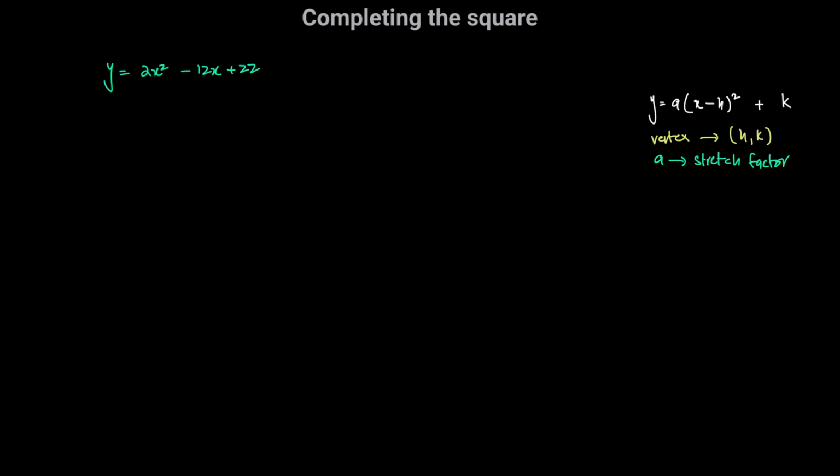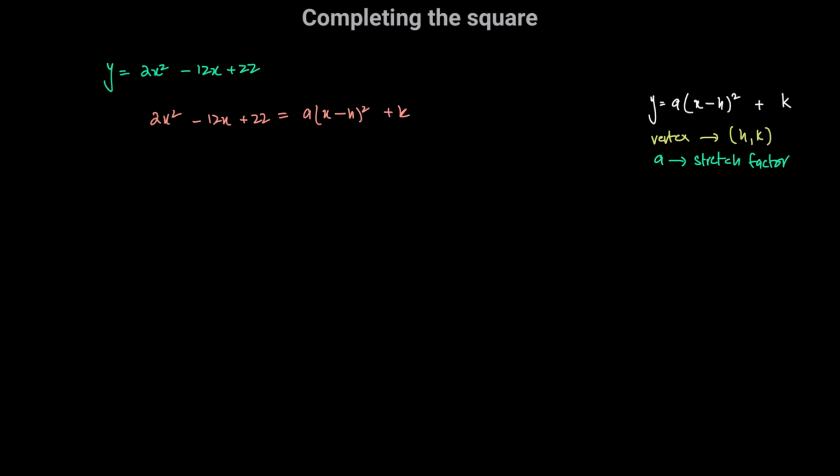So one way to do that is just by equating these two expressions. So if I have 2x squared minus 12x plus 22 is equal to a times (x minus h) the whole thing squared plus k. Since we simply want to write this equation in this form, we can equate these two and find the values of a, h, and k by comparing the coefficients.